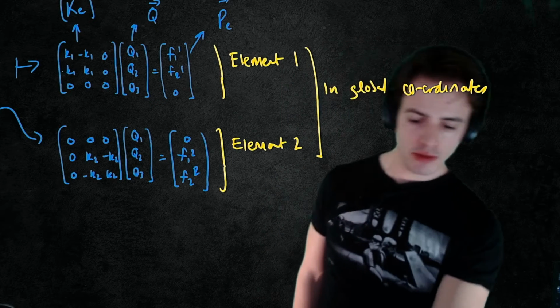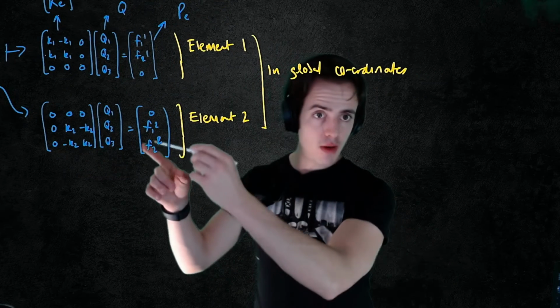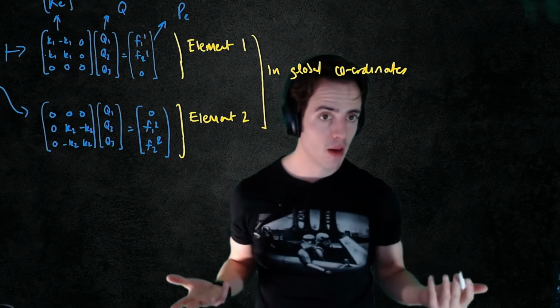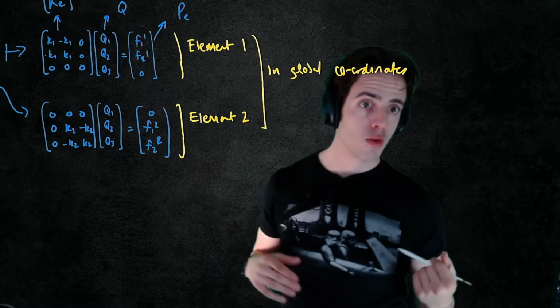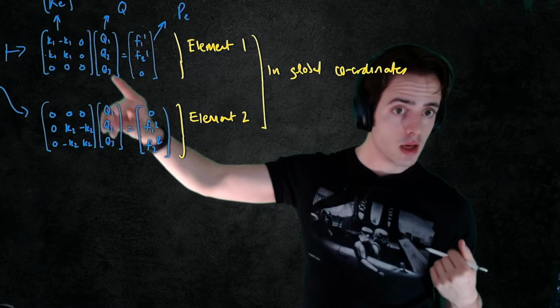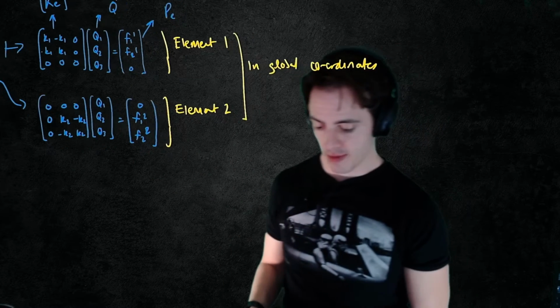And what we can do, we can just add them together because we've got 2 sets of matrix equations. These are elementary row operations we can do. We can just add these 2 sets of equations together. We add every row in here and we get a new set of equations that describes the entire behavior of the system.